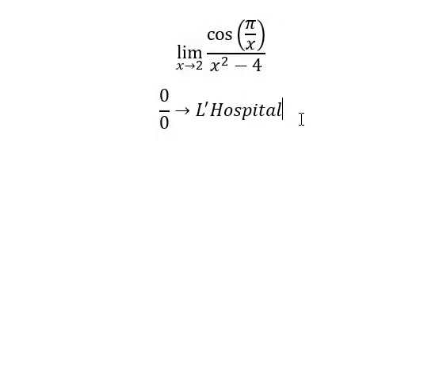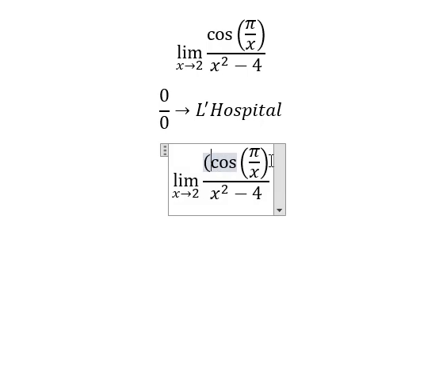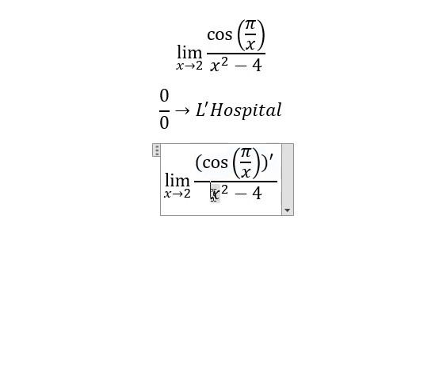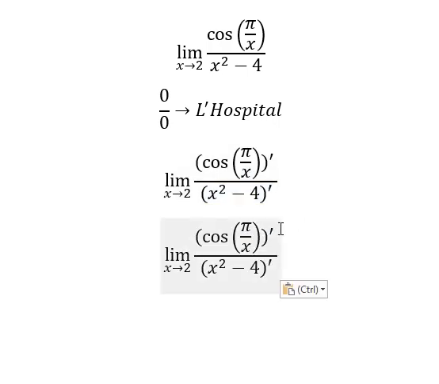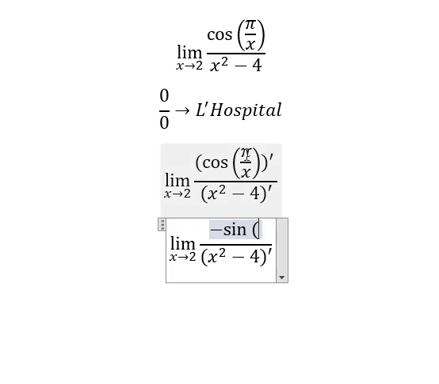That means we need to take the first derivative of the numerator and denominator. So this one, that is negative sine of b over s.